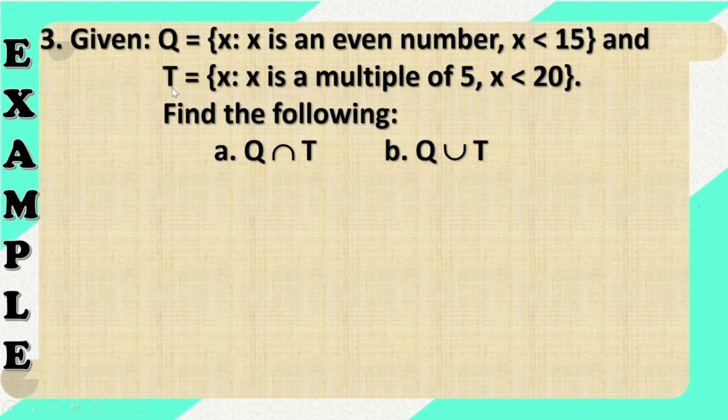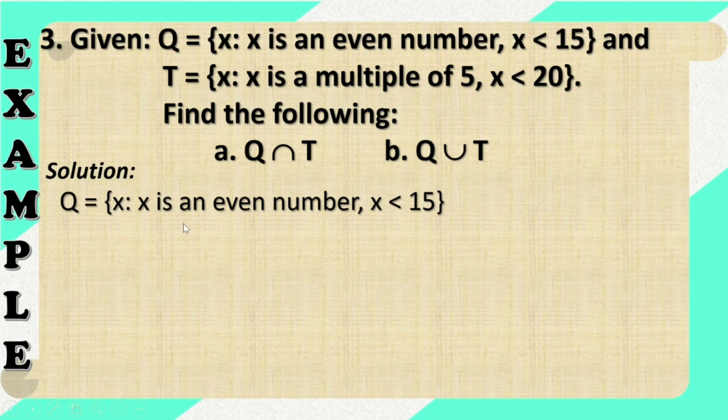And set T is the set of all elements x, such that x is a multiple of 5. x must be a multiple of 5 less than 20. Find the following: for letter A, Q intersection T, and letter B, Q union T.